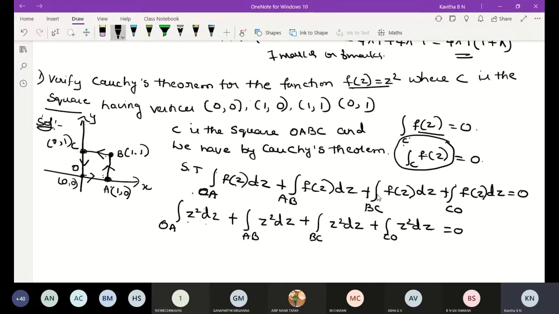Understood? Write down fast, then we will start. Next we have to find along OA, along AB, along BC, along CO.